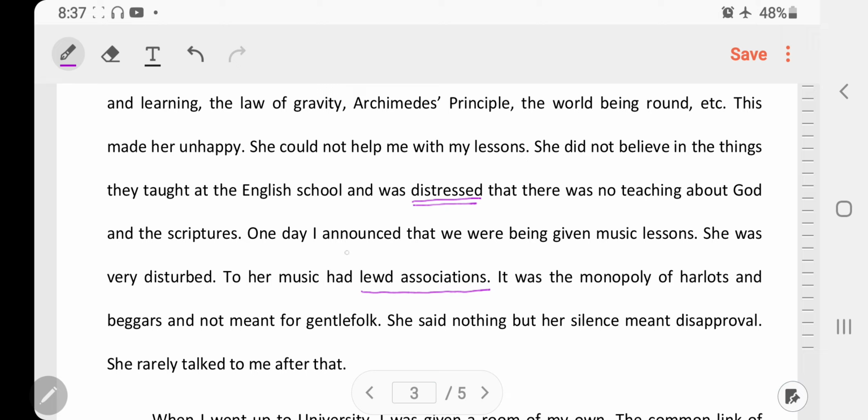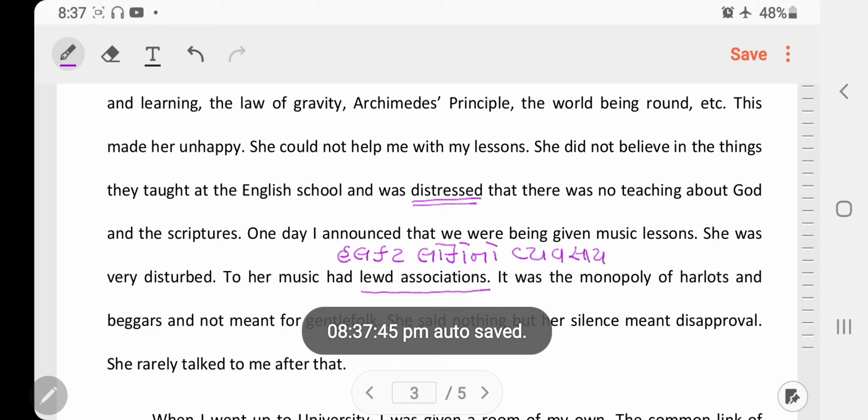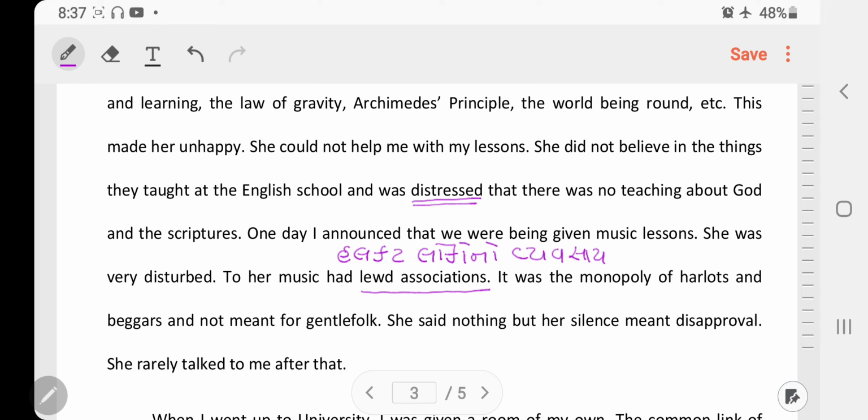Lewd association. She believed so. It was the monopoly of harlots, beggars, and not meant for gentlefolk.